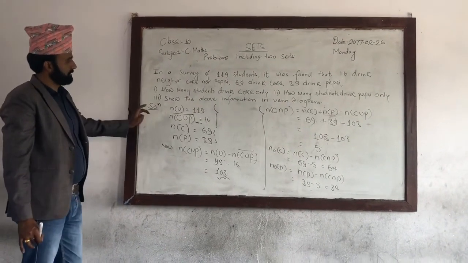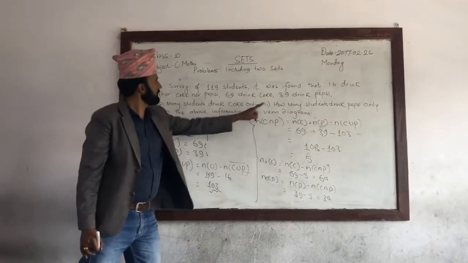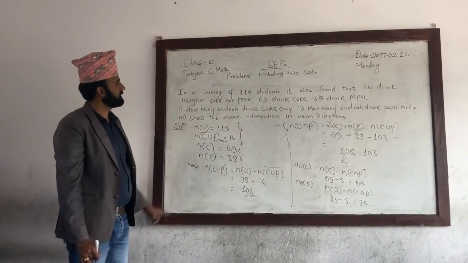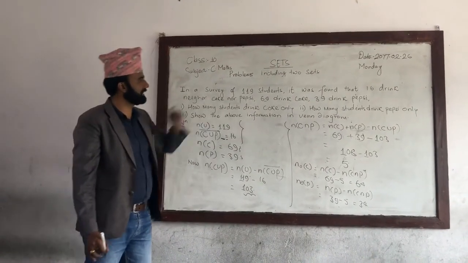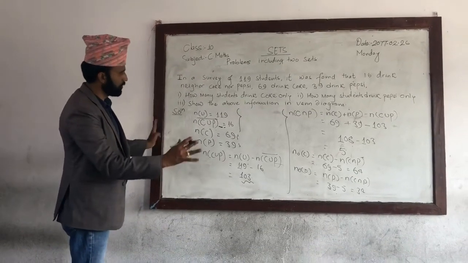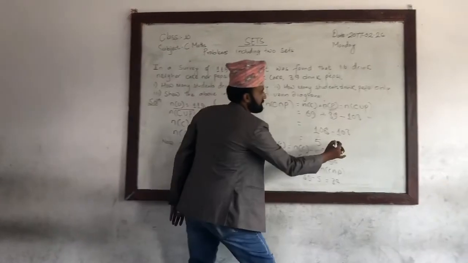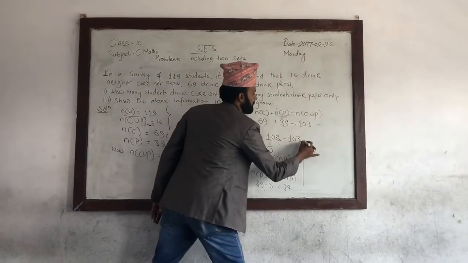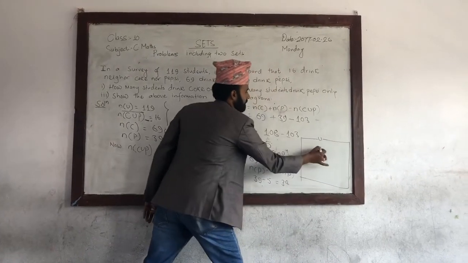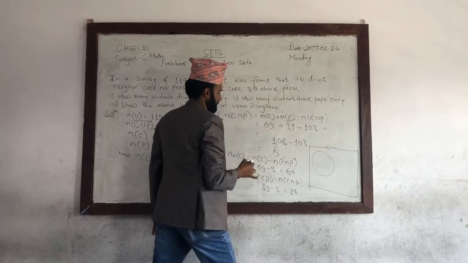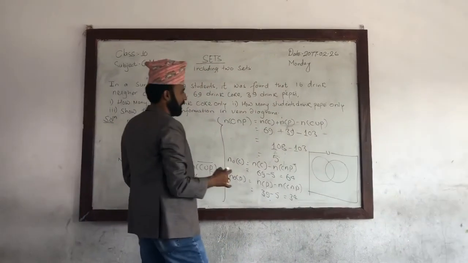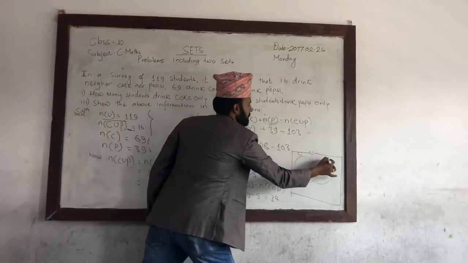And we have got all the information. Then we are going to illustrate all this information in a Venn diagram. Okay, let me draw somewhere in the side of the whiteboard. This is for Coke, this is for Pepsi.